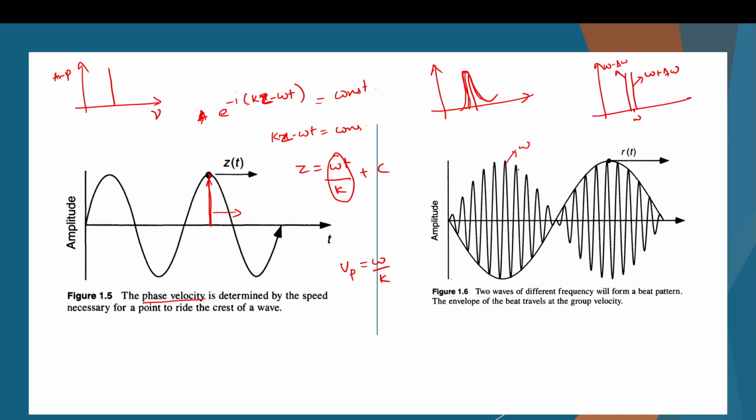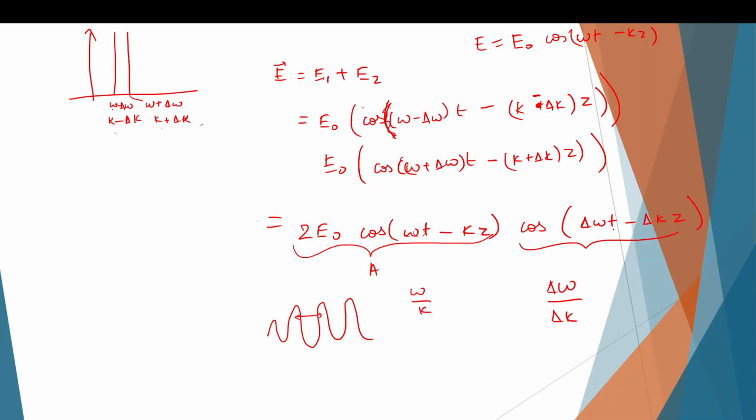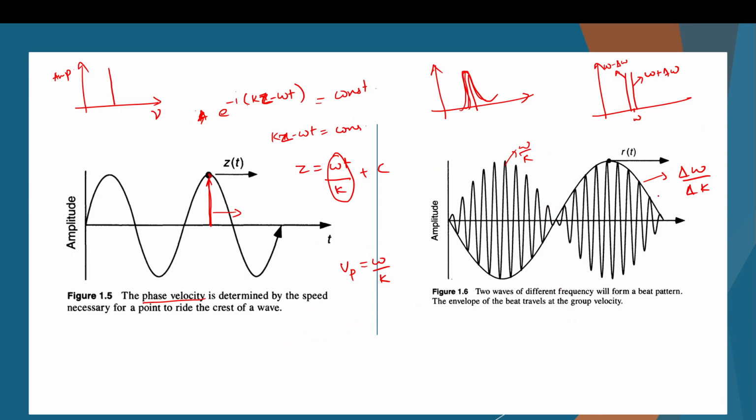So we can see here, right? The velocity at which this phase is traveling is omega by k, and the envelope is traveling at the velocity of delta omega by delta k. That again we can derive similar to this. If I just assume that this has to be a constant, then I'll get this as my velocity. So is this the group velocity?